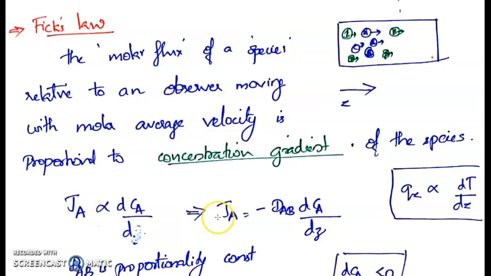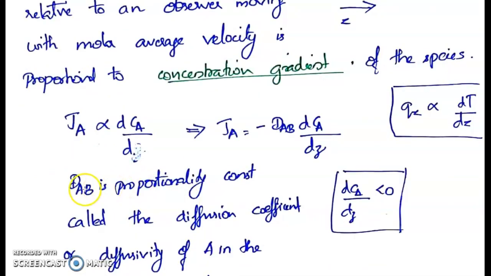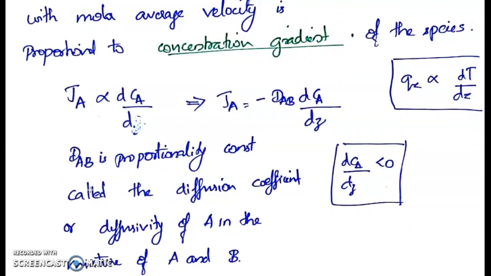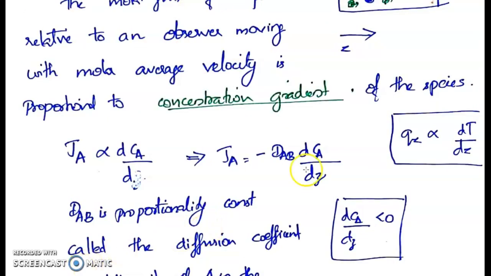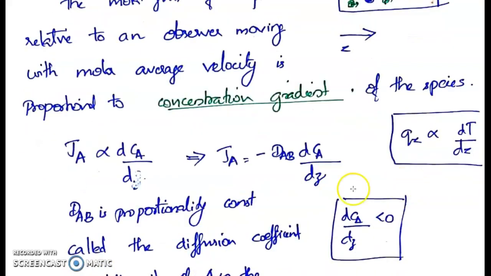And if we remove the proportionality sign, we can write Ja is equal to minus DAB into dCA by dz, where DAB is the proportionality constant called the diffusion coefficient or diffusivity of A in the mixture of A and B. This law is analogous to Fourier's law of heat conduction.